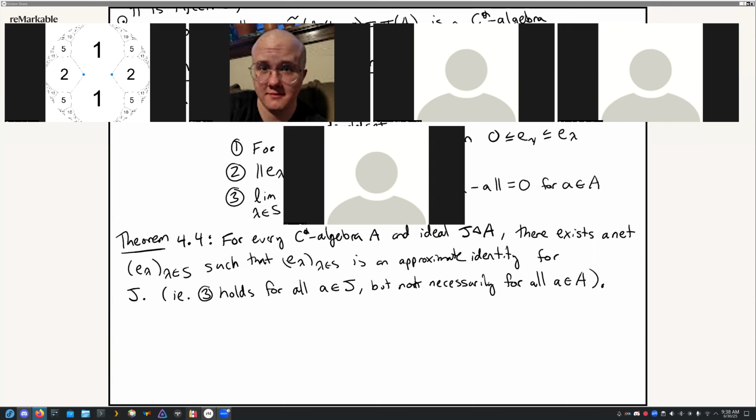And you select this ideal to be A itself, and you get an approximate identity for every C-star algebra A.